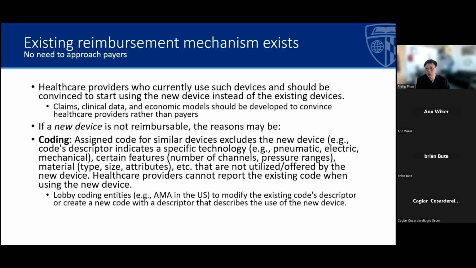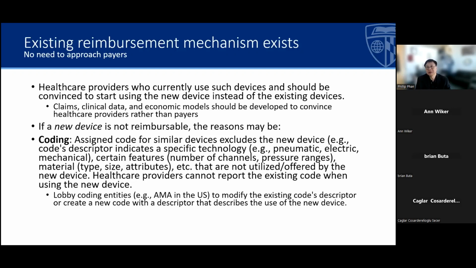It could be pneumatic or electric or mechanical, certain kinds of features, the number of channels, pressure ranges, the kind of material, right? So it's really specific. And if your device happens to be different on any one of these dimensions, you run the risk that it will not get reimbursed.